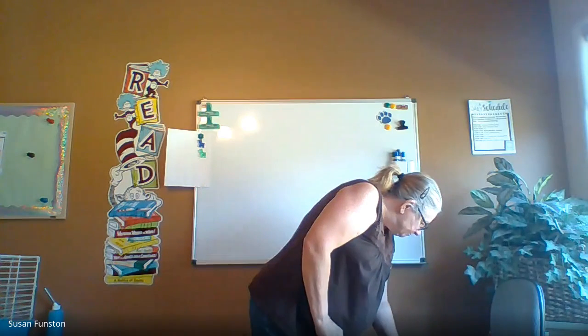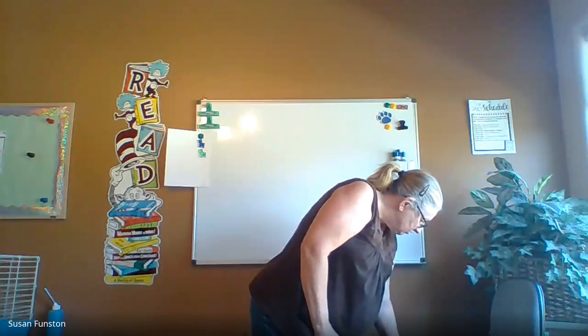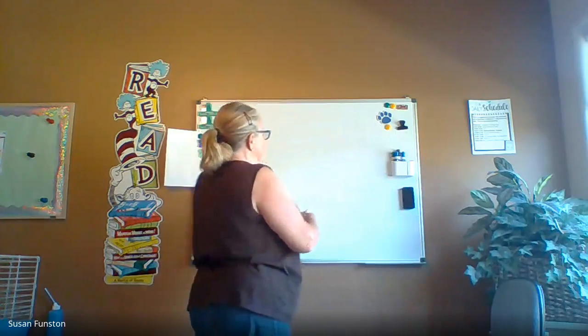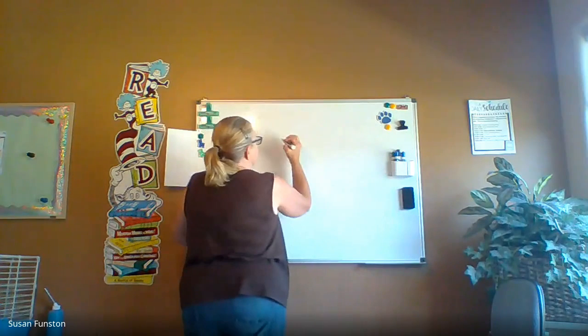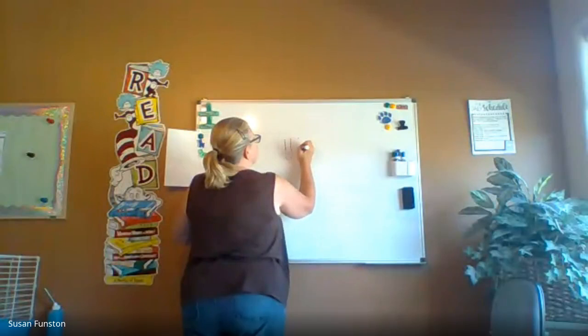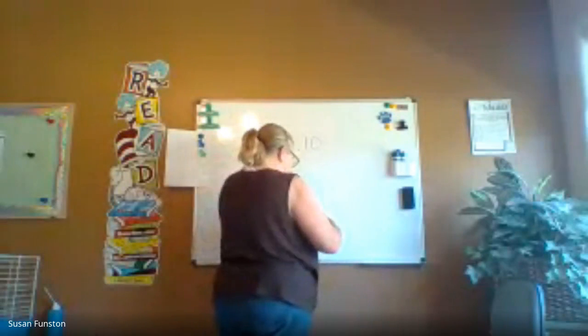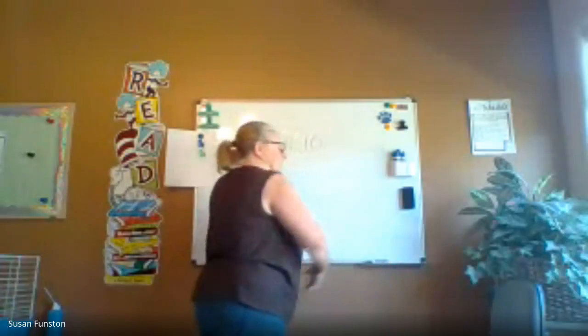Okay. So let's look at a time of 11:10. What does that look like on our clock? Okay, let's go to 11 o'clock. Remember, when it's o'clock, my big hand is on my 12.